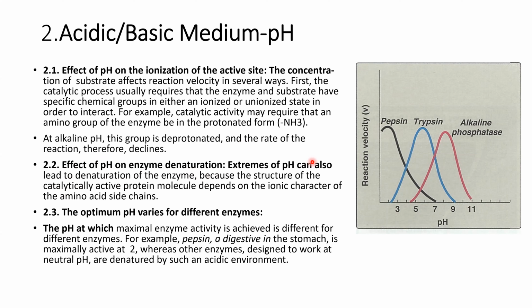So extremes of pH can also lead to denaturation of the enzyme, because the structure of the catalytic active protein molecule depends on the ionic character of amino acid side chains, right? We have seen that there are different levels of protein structure: quaternary, tertiary, secondary, and primary.